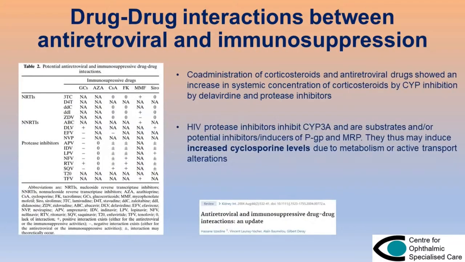So we pass on to drug-drug interactions between antiretrovirals and immunosuppression. It's not that common, but we can have patients on anti-HIV treatment who need immunosuppression. It is reported that the co-administration of corticosteroids and antiretroviral drugs can increase the concentration of corticosteroid, because the antiretroviral treatment can inhibit cytochrome 3A4.